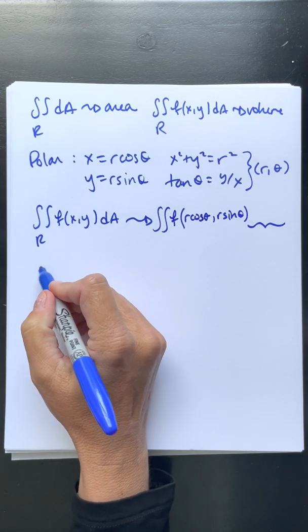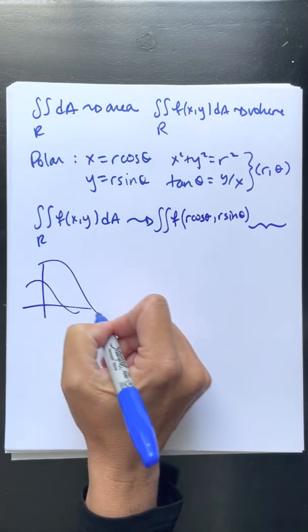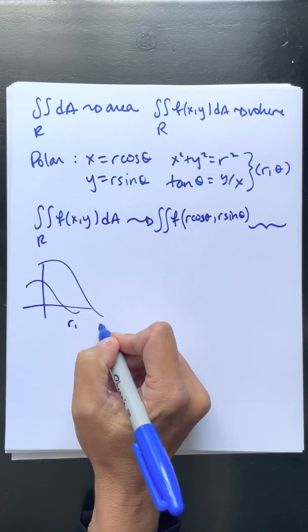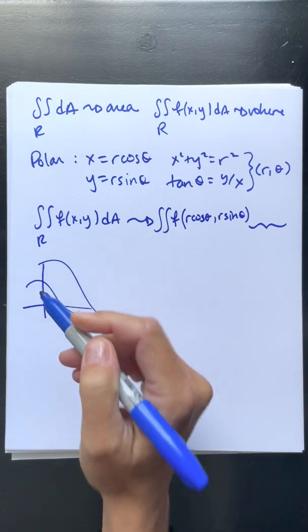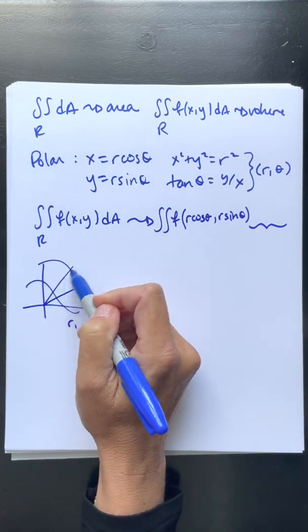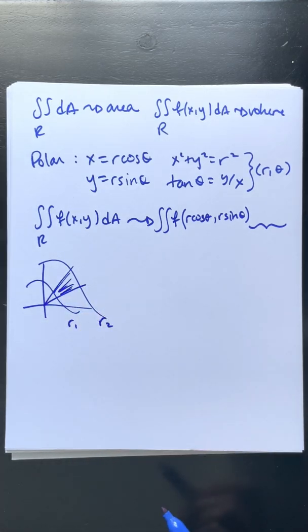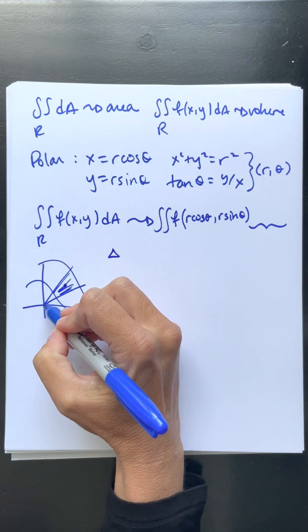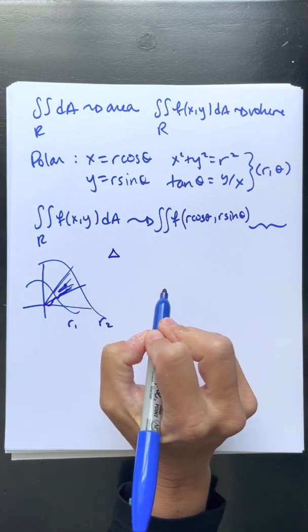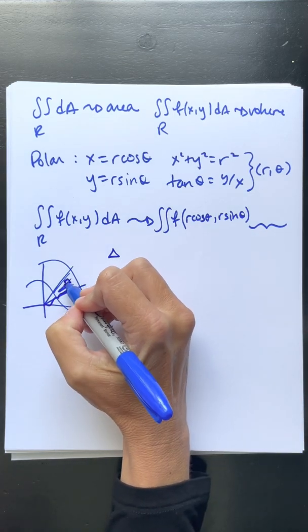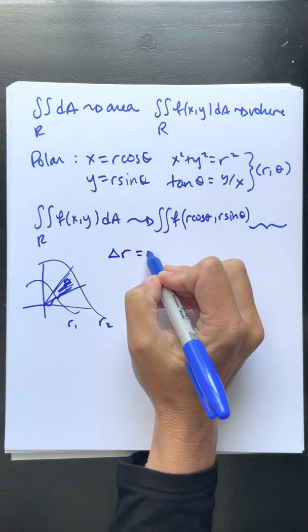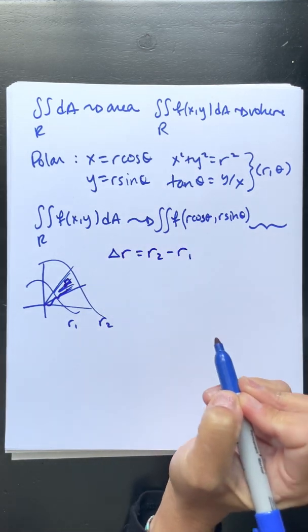So if I have a function in terms of r, here's r1 and here's r2, and I'm going to sweep this out this way and try to find some area between here. So I'm going to go out to some arbitrary point here, and I'm going to make some little sectors. So my change in r is going to be r2 minus r1.